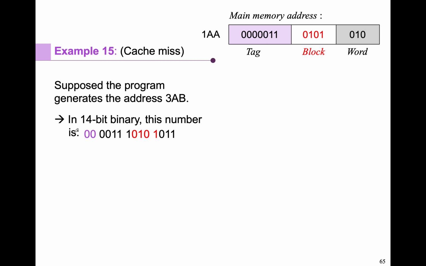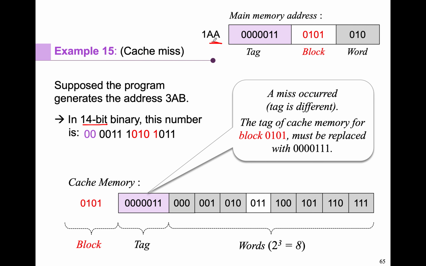And for the cache miss, you were given a similar one, but in 14-bit binary, and you were given the value. Okay, I drew it for you.